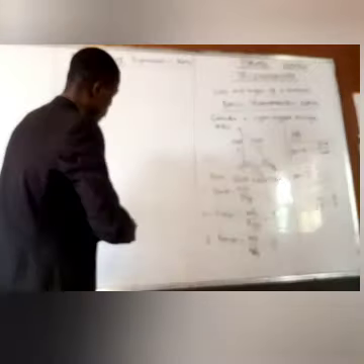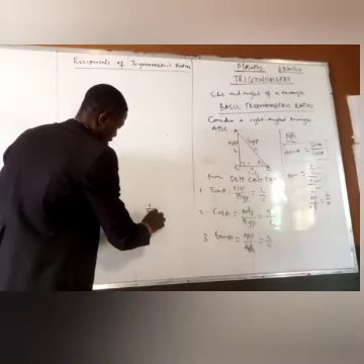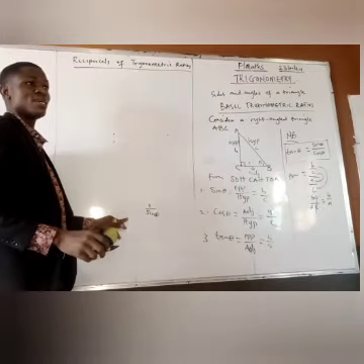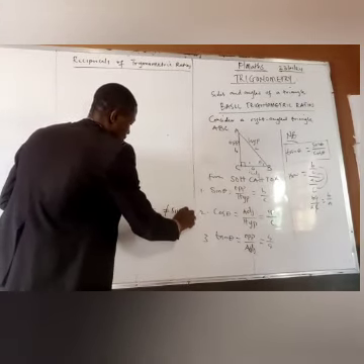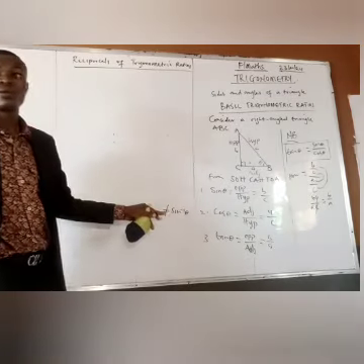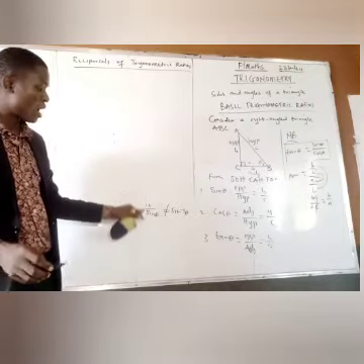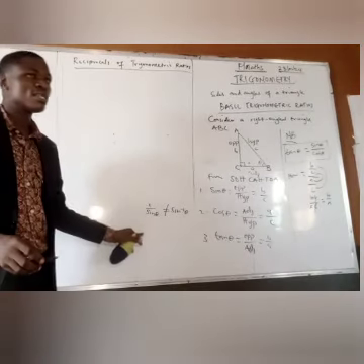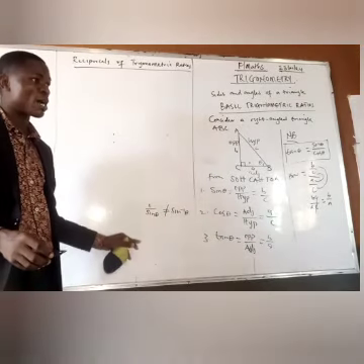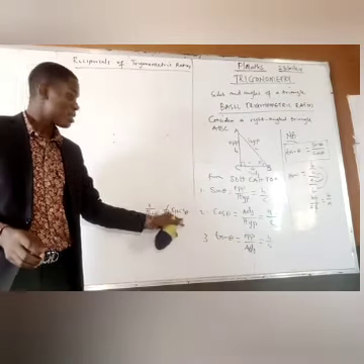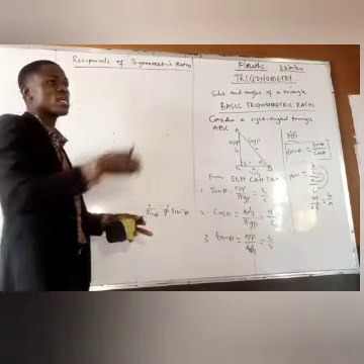Because if you have 1 over sine theta, for instance, hope you know that it is not the same thing as sine inverse of theta. So this is the reciprocal, while this is the inverse.